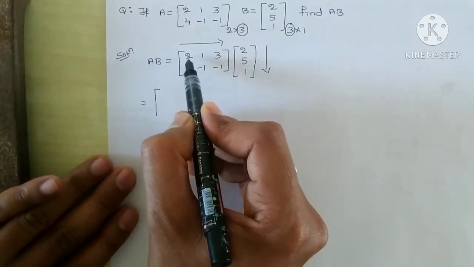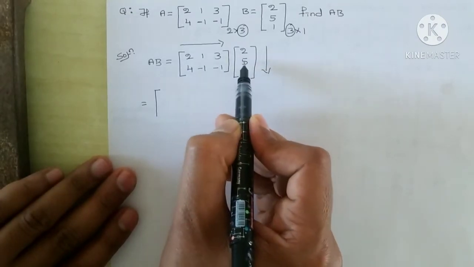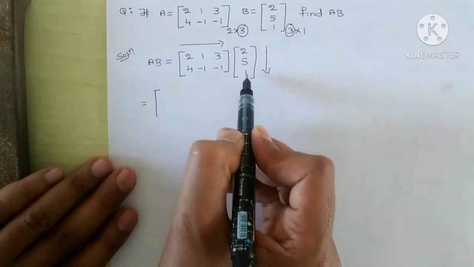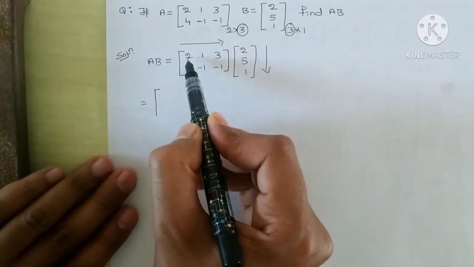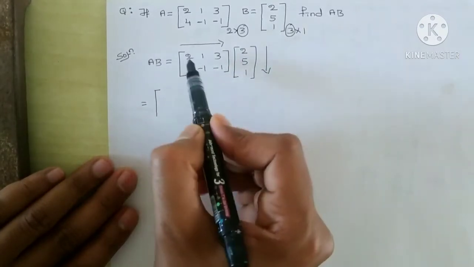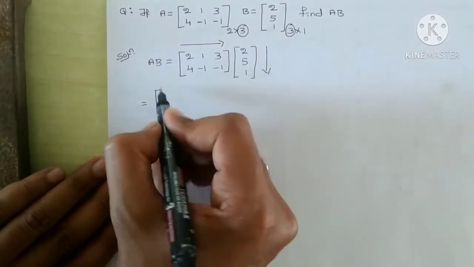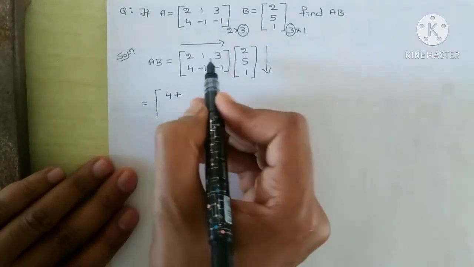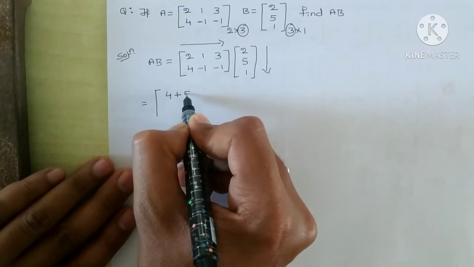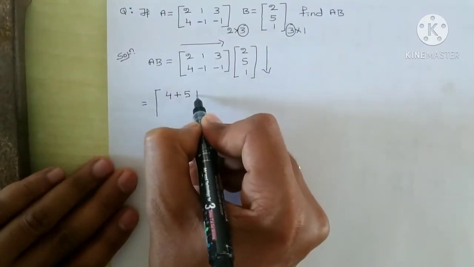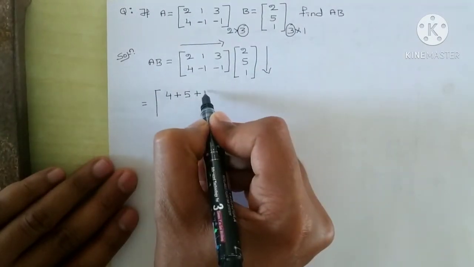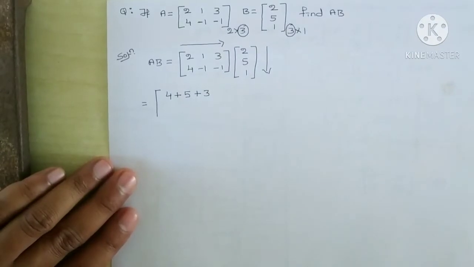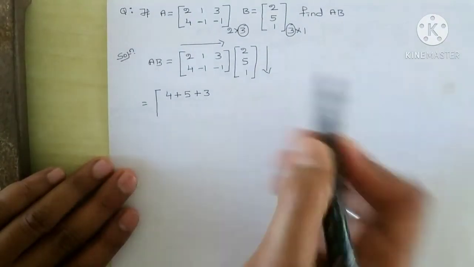In that, first element with first element, second element with second element, third element with third element, you multiply. So middle always plus sign will come. So 2 into 2, 4. Next middle plus sign, 1 into 5, 5 plus sign, 3 into 1 is 3. Over. First row, first column is over.